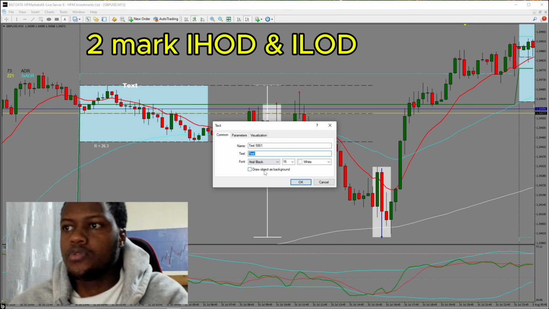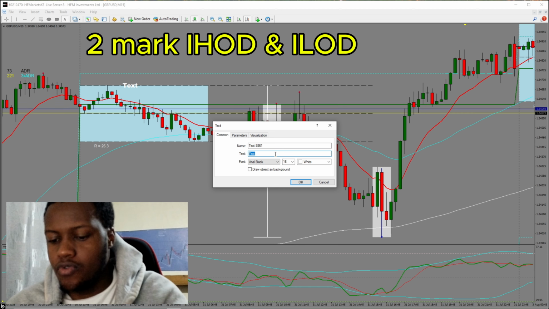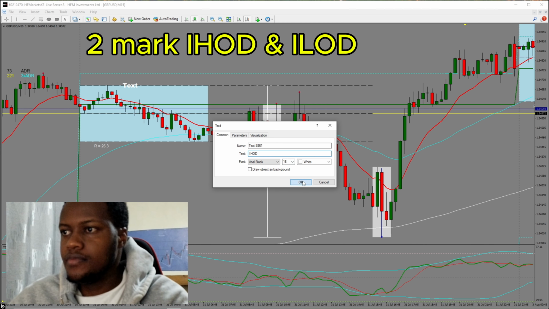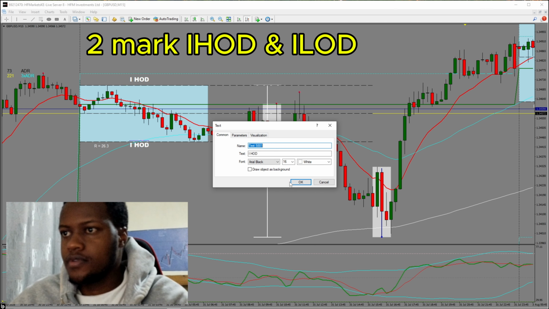So step 2, you mark the initial high and the initial low.